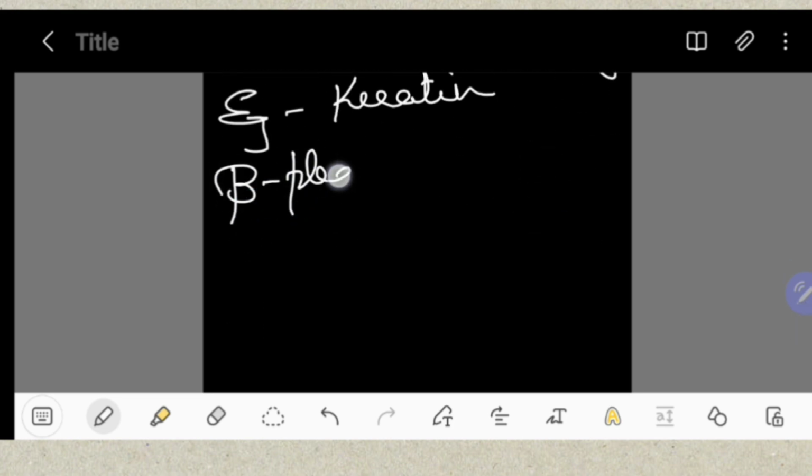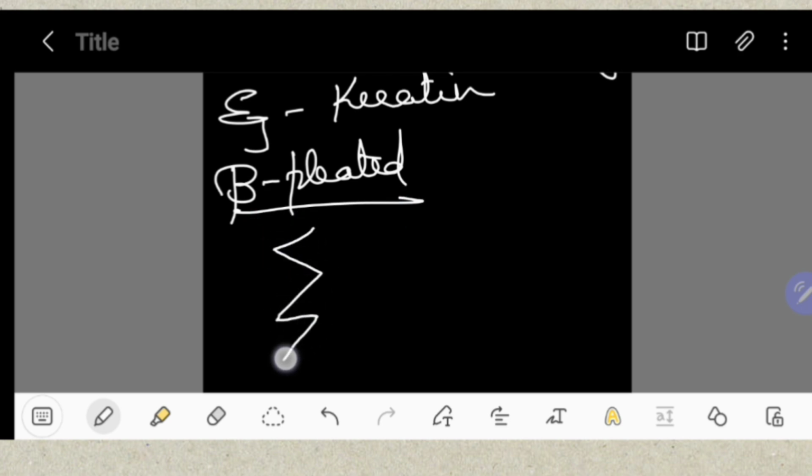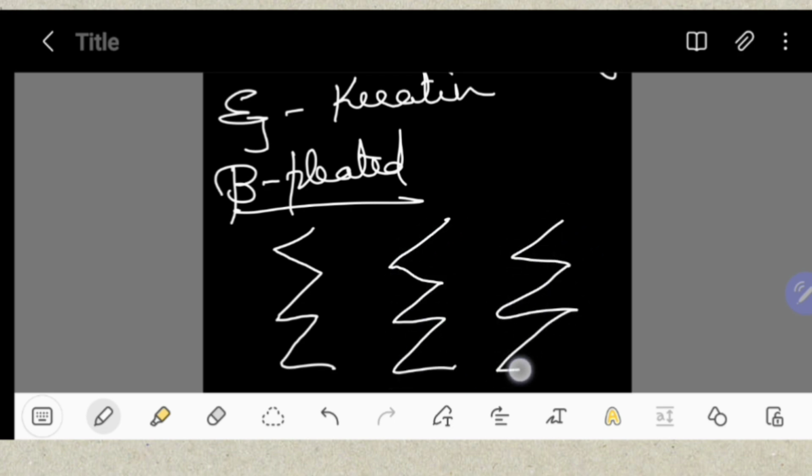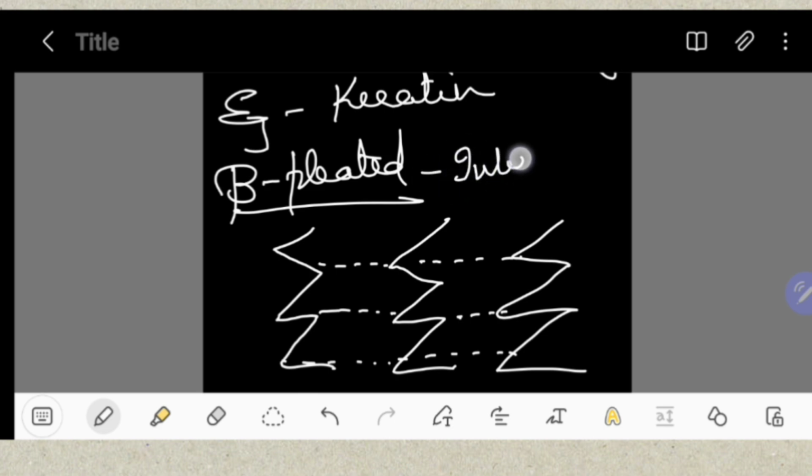Next is beta pleated secondary structure. What is beta pleated? See, it is like a pleated way. This is your beta pleated structure. Why do you call them beta pleated? Here you can see inter-hydrogen bonding.